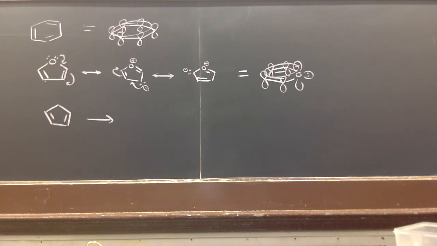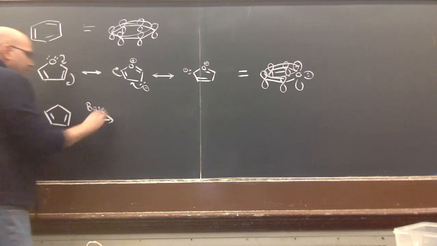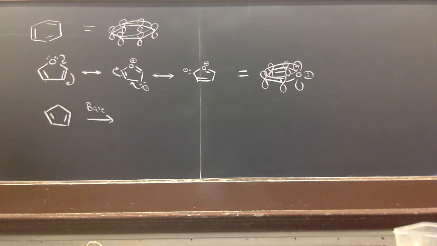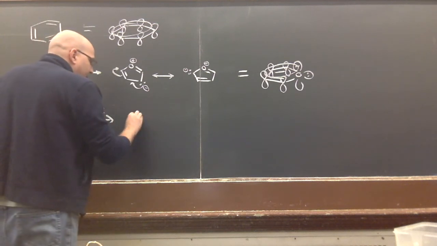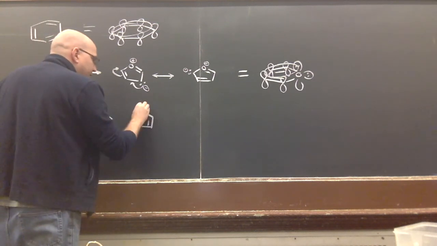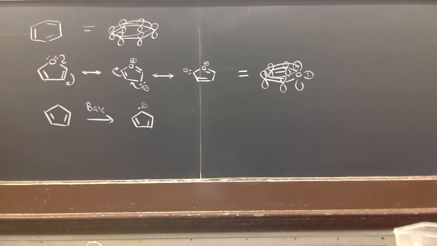The idea is that this molecule isn't aromatic, but you simply treat it with a base. These are fairly acidic protons, certainly much more acidic than your average carbon-hydrogen bond, in part because you generate that aromatic system.